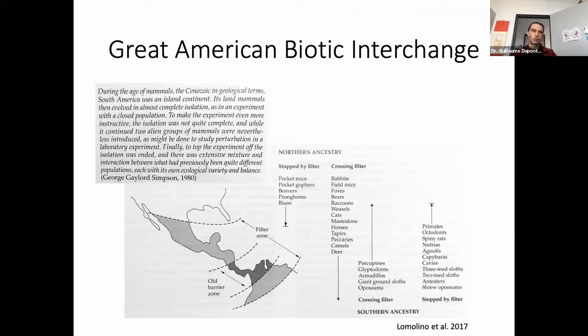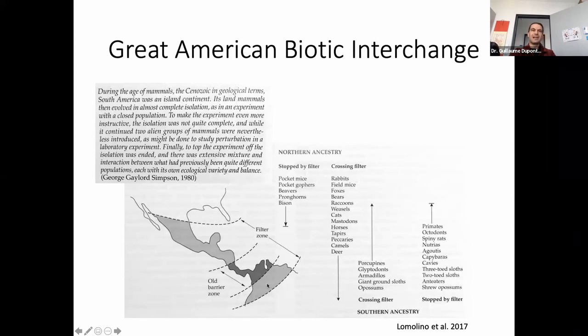However, you remember when we talked about corridors, Simpson, this paleontologist, separated corridors into different types. And he proposed that even though you can have a corridor, it acts as a filter if there are certain conditions such as a climate. And we have here actually that the Panama Isthmus acted as a biogeographic filter.